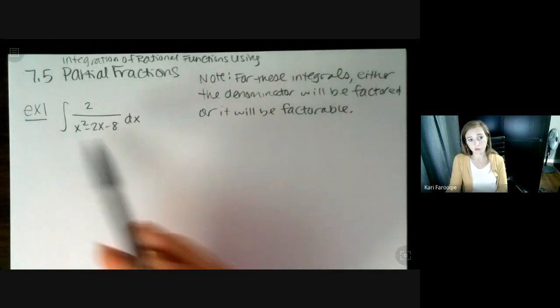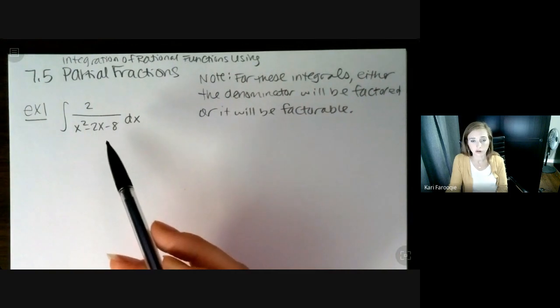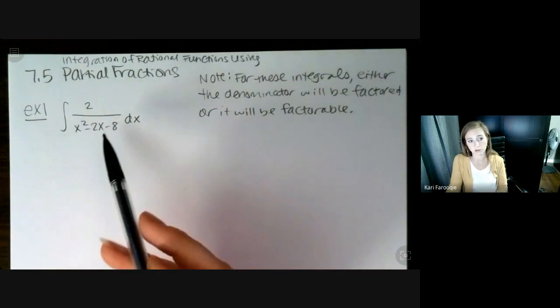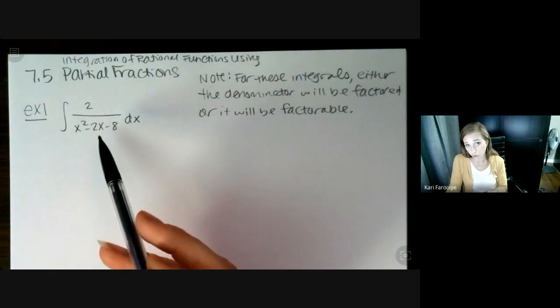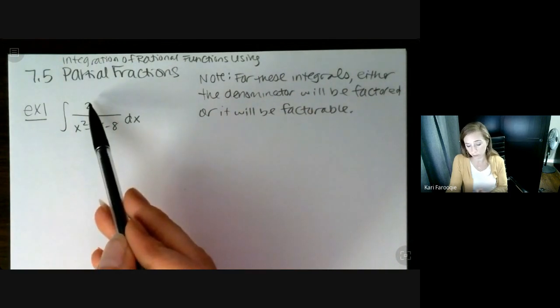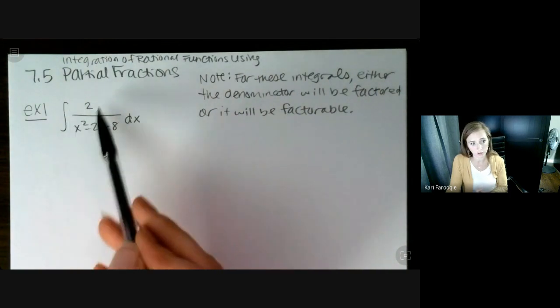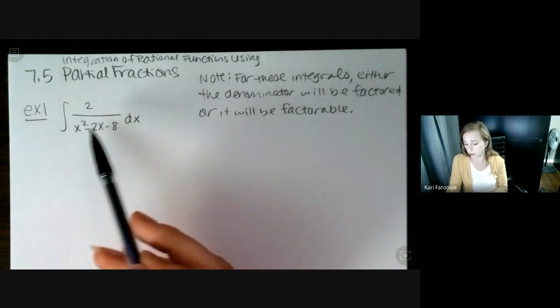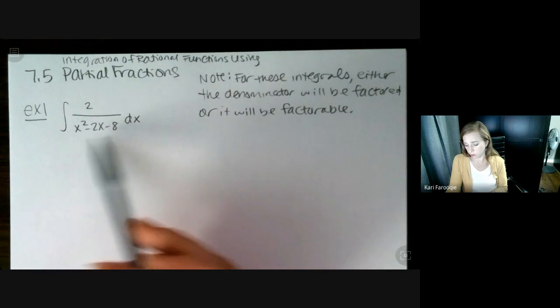If your denominator is factorable, use partial fractions. If your denominator is not factorable, then you're going to use a different method, like an inverse trig form if you can fit it in, which this one, you would probably be able to fit just because of the constant in the numerator. You would just have to complete the square to make it fit.